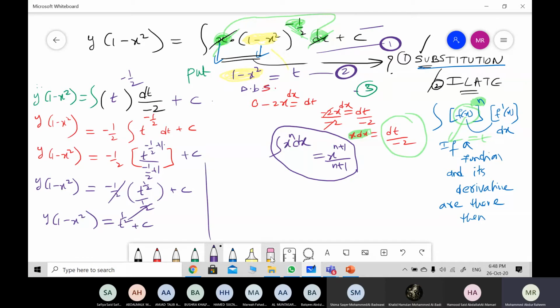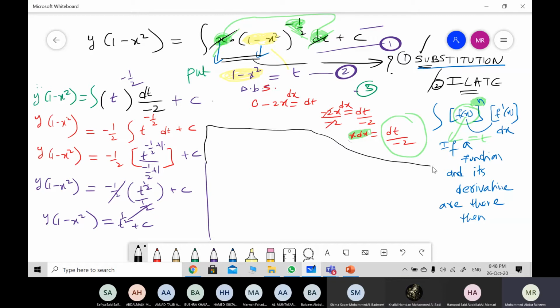What is t? T is 1 minus x square. The T is created by us, not there in the question, assumed. So we need to remove the T immediately.